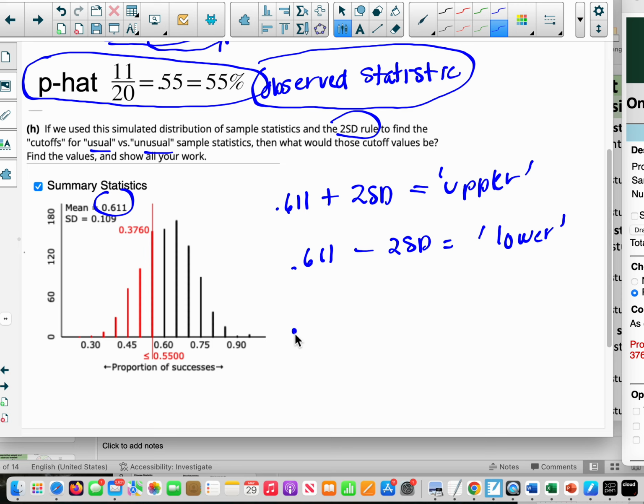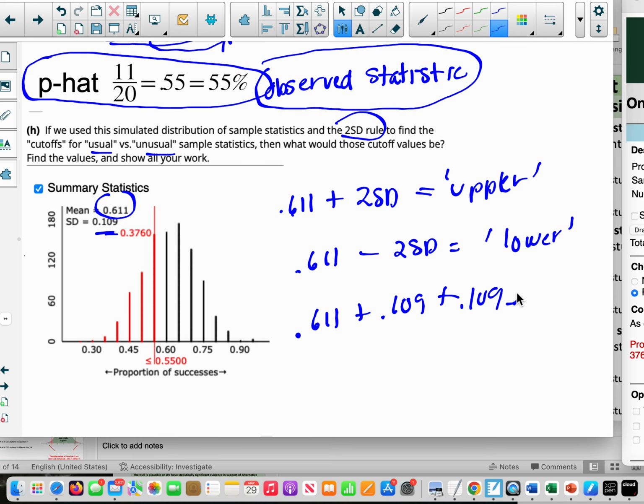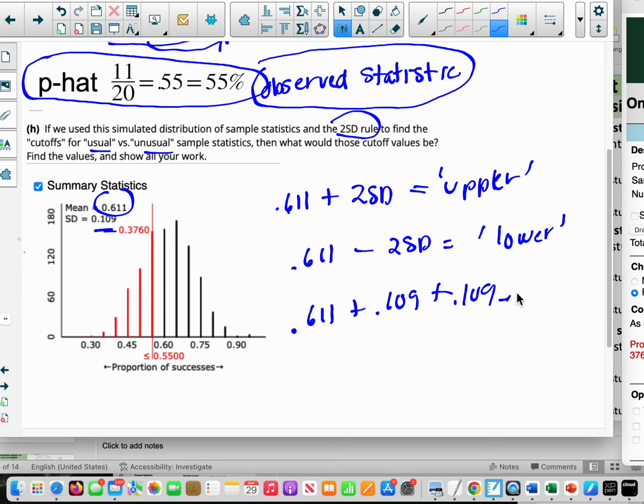So in this case, I would take 0.611 plus my standard deviation is 0.109 plus 0.109. That's going to give me my upper cutoff. And I'm just going to do that real quick.